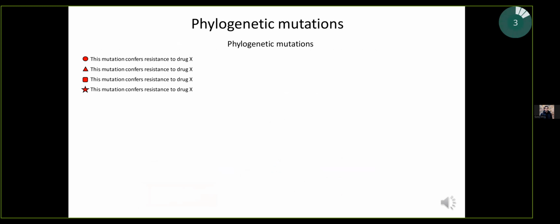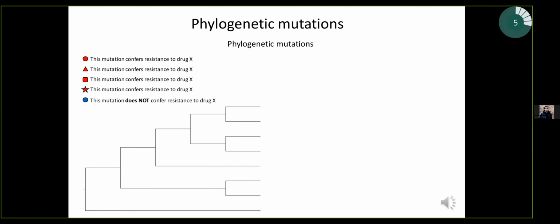So for our example, we will imagine that we have certain mutations, represented here in red, in different shapes, that confer drug resistance, because this is what we are interested in in this webinar: phylogenetic mutations in the context of drug resistance. And then we can imagine another mutation, represented by this blue dot, which does not confer drug resistance.